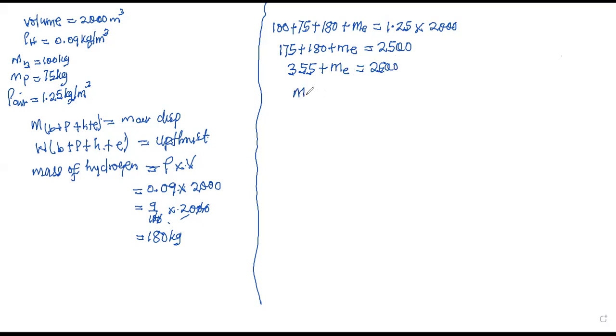Therefore, the mass of equipment that can be carried would be 2,500 minus 355.